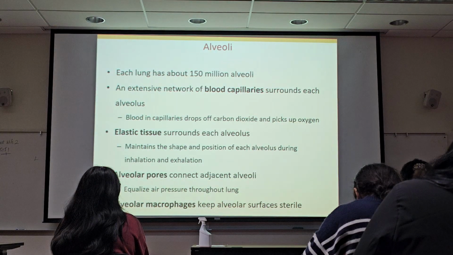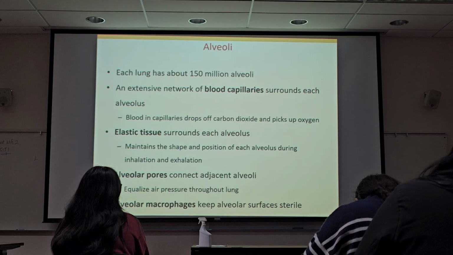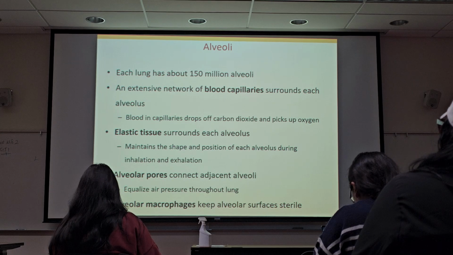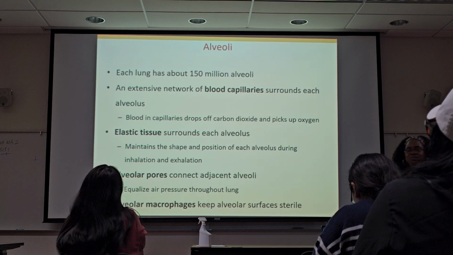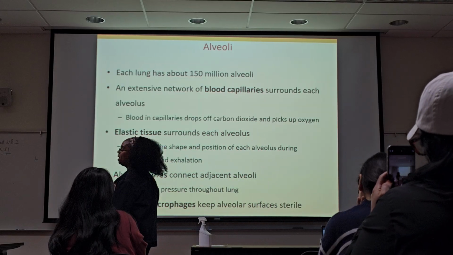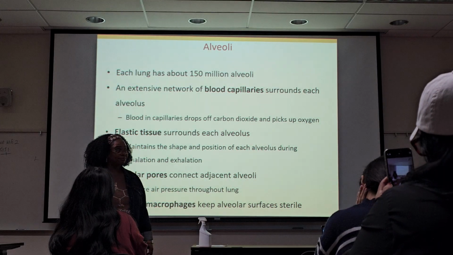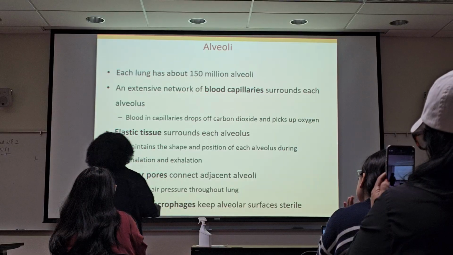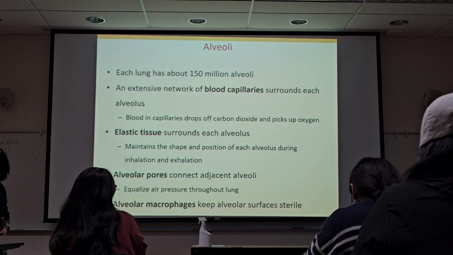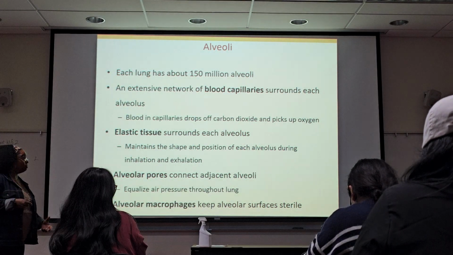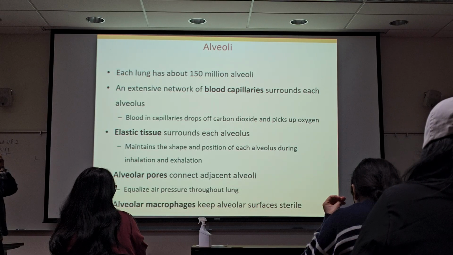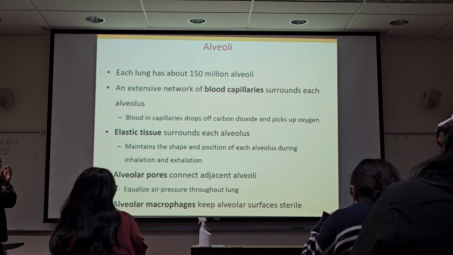Okay, all right, the alveoli, look at this. We have about 150 million alveoli per lung. Right out the alveoli, we have the circulatory system via capillary systems, our very small, thin-walled, the smallest of our blood vessels.